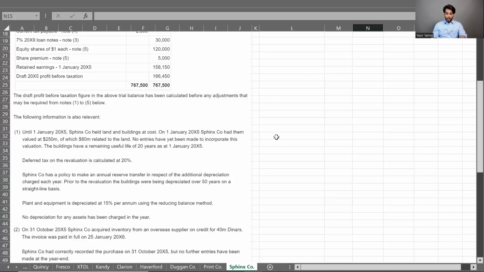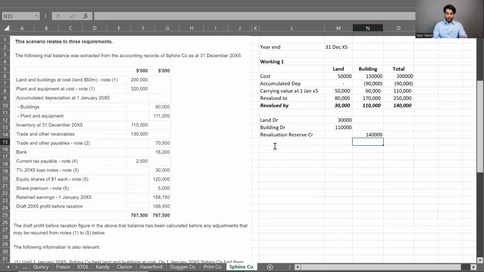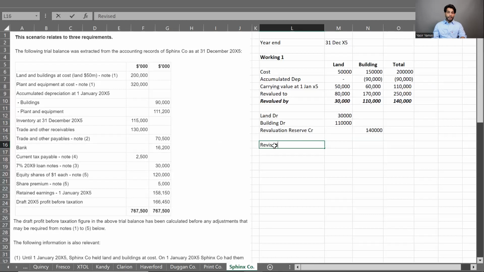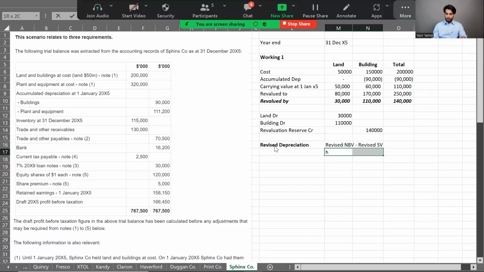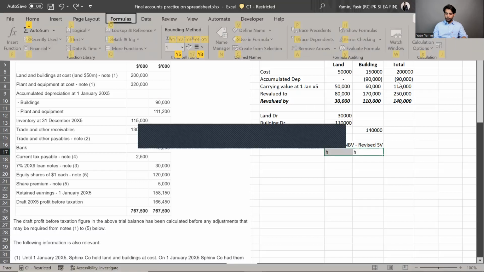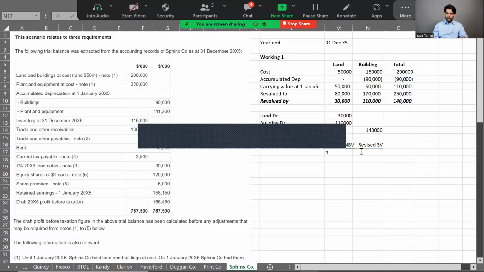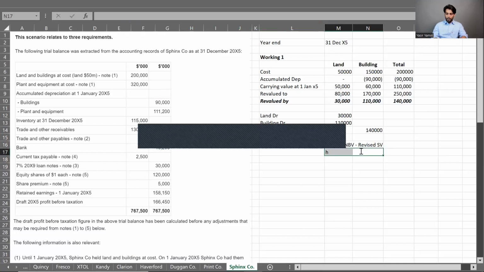This is fairly obvious. Now we are going to calculate revised depreciation. When we calculate revised depreciation, you might remember the formula that we used to follow: revised net book value minus revised scrap value, and then we used to divide it by the remaining useful life.